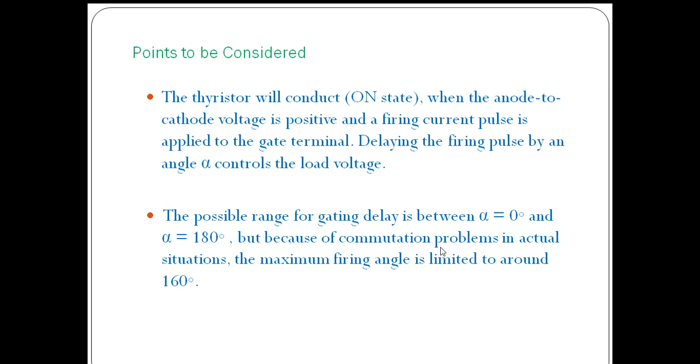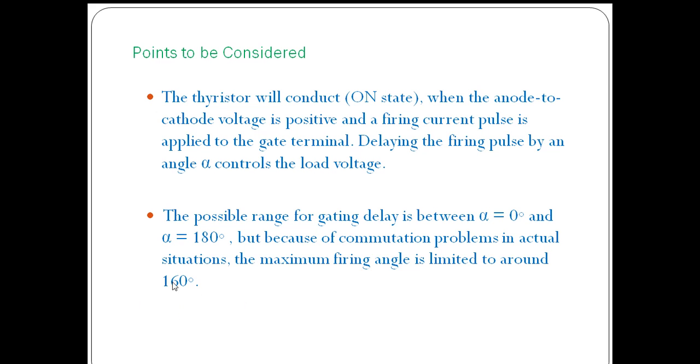But because of commutation problems, in actual situations, the maximum firing angle is limited to around 160 degrees. So we have to trigger the SCR at a maximum value of 160 degrees.